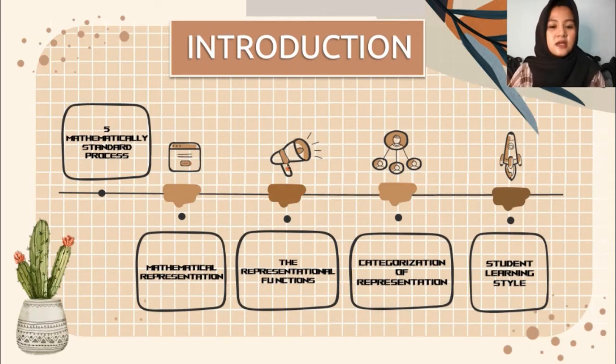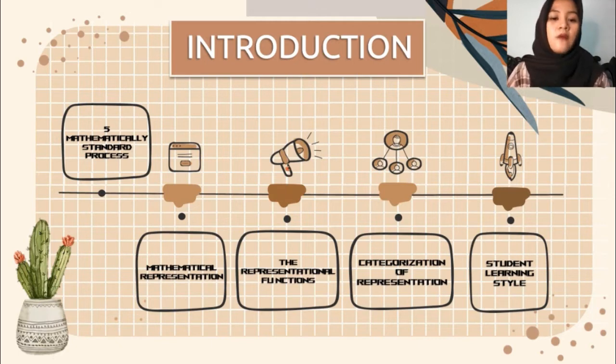The last is student learning style. According to the literature, a tiny percentage of children can properly solve math problems using representational skills, while the majority of others are poor in employing their representational abilities, particularly visual representation abilities. The variation in how each student represents the outcomes of their thinking is due to the fact that everyone's brain has unique capacities for absorbing, managing, and communicating information, which affect how people learn.